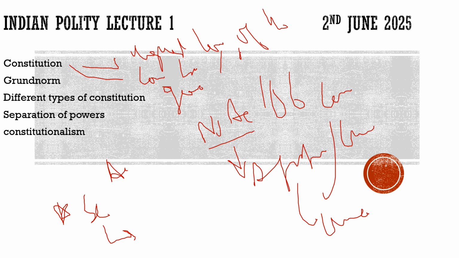A Constitution can be good, it can be bad, but it is still a Constitution. If the Constitution is bad, it does not mean it is not a Constitution. But it is not that good for society, not that good for the human beings living there. So this is what the Constitution is.